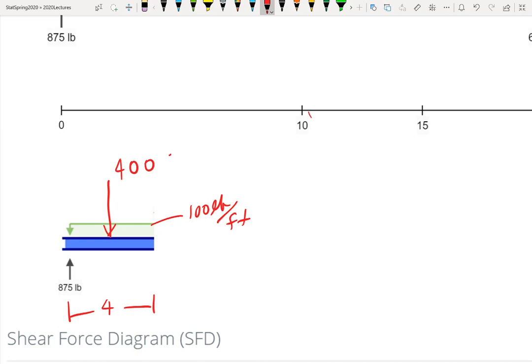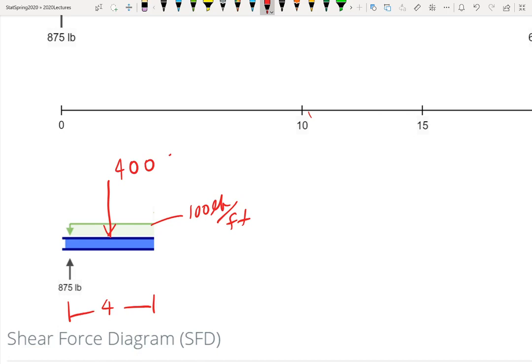We have to remember that it is still like a free body diagram.